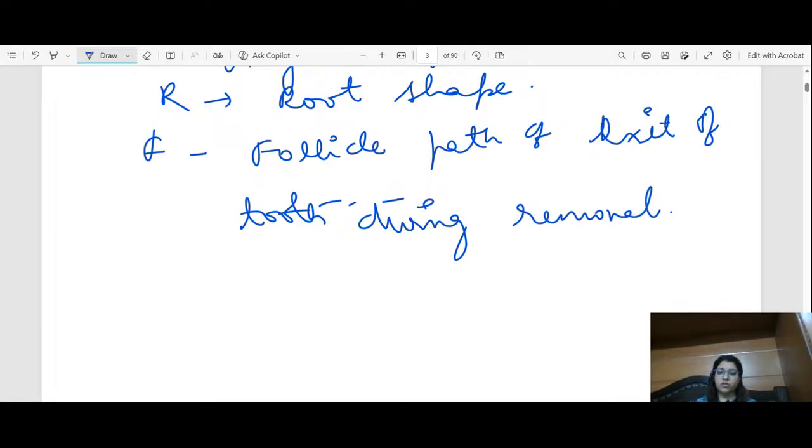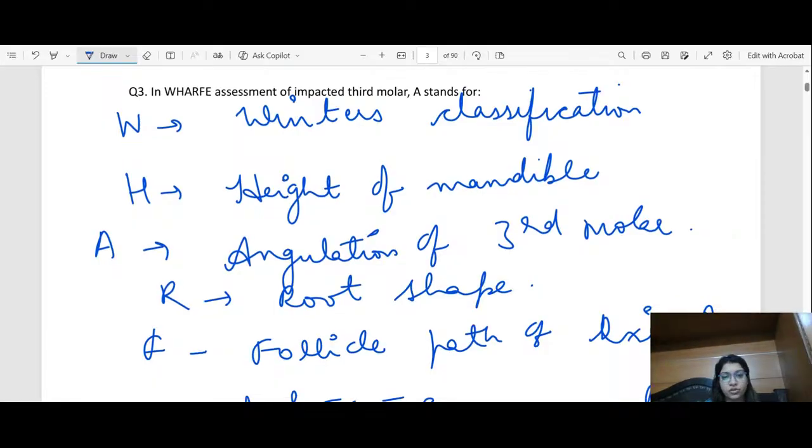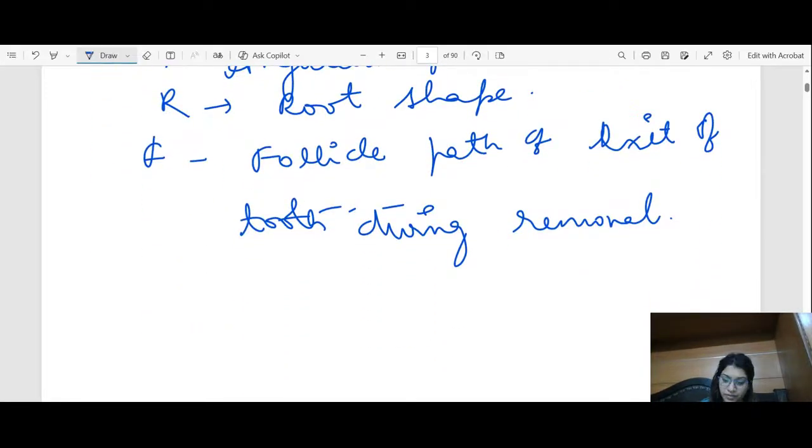Okay, so this is the WHARFE assessment. W is Winter's classification, H is the height of the mandible, A is the angulation of the third molar, R is the root shape, and F is the follicular path of the exit of the tooth during removal.